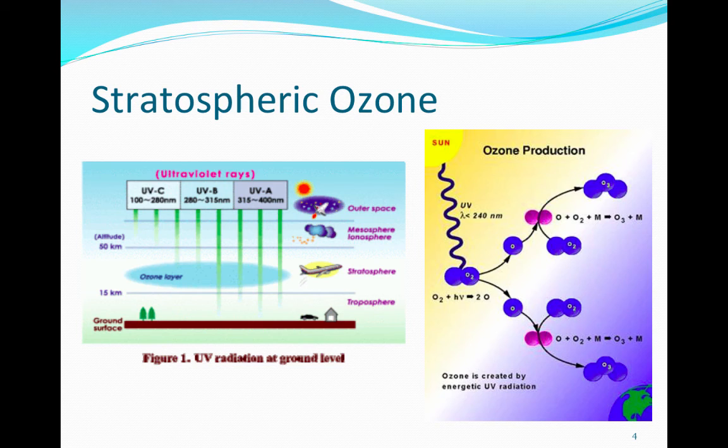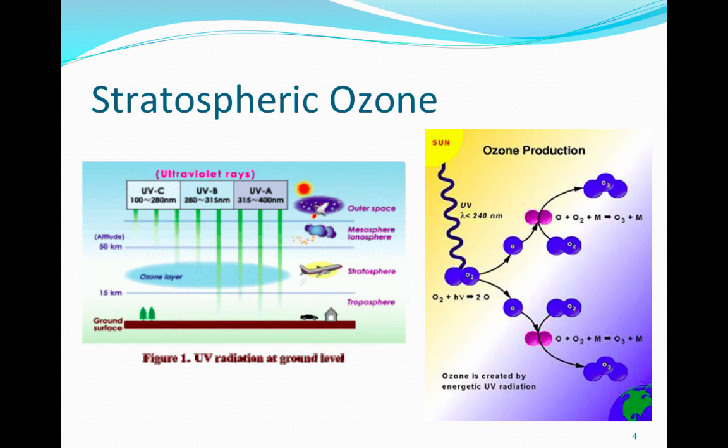What is the purpose of stratospheric ozone? It absorbs and scatters UV rays from the sun, which in turn reduces tissue damage and DNA mutations in organisms. So it absolutely blocks the UVB and UVC, absolutely UVC for sure, a little bit of UVA getting through. And if you look there on the right-hand side, the way that ozone is produced is under the influence of that UV light.